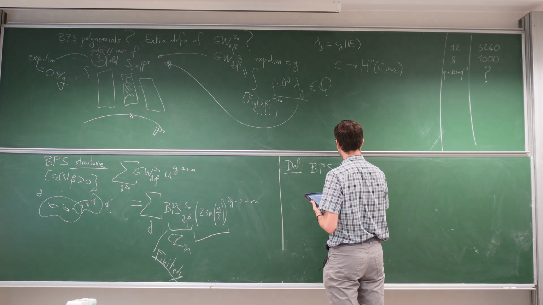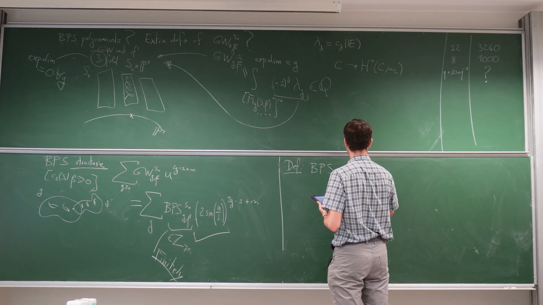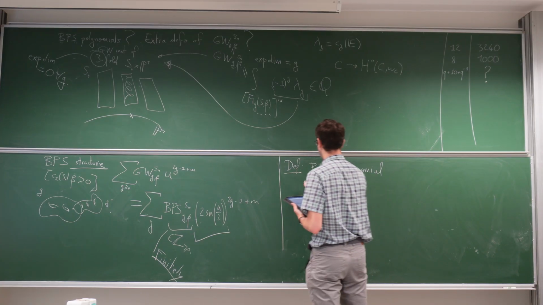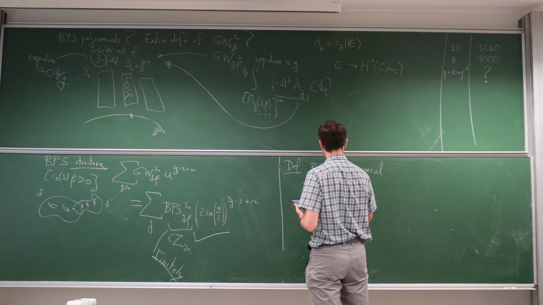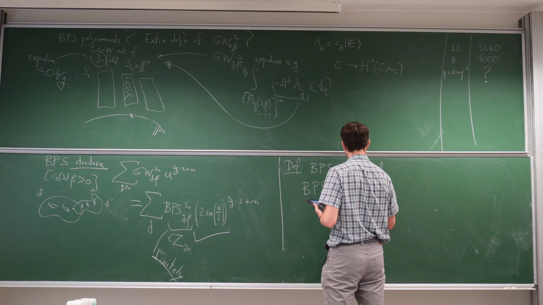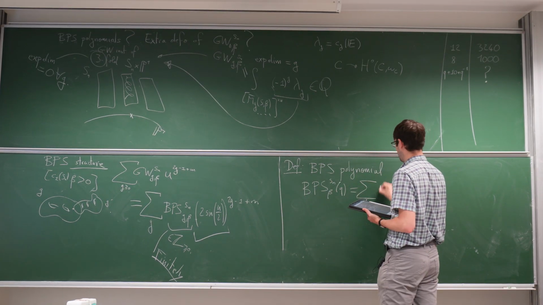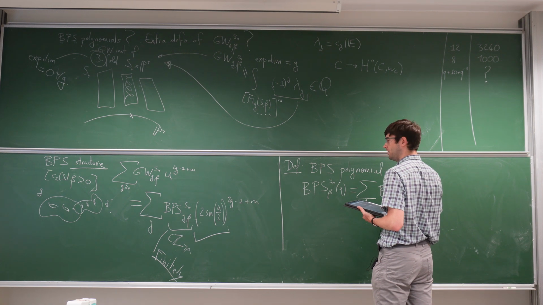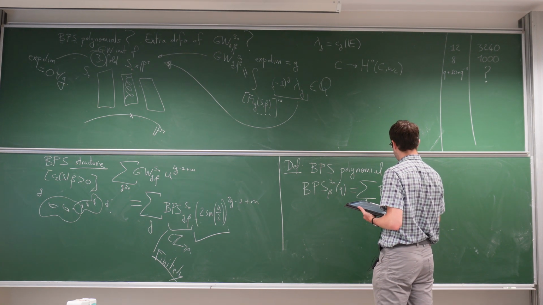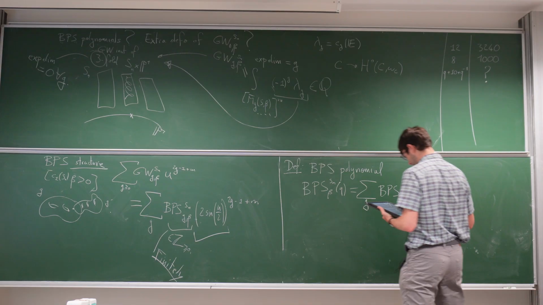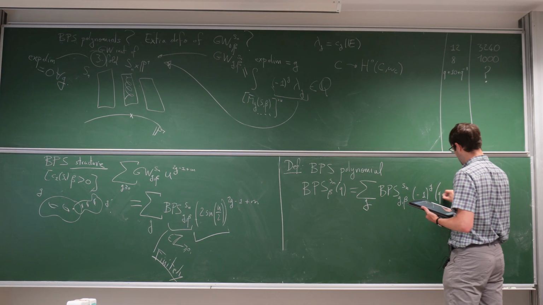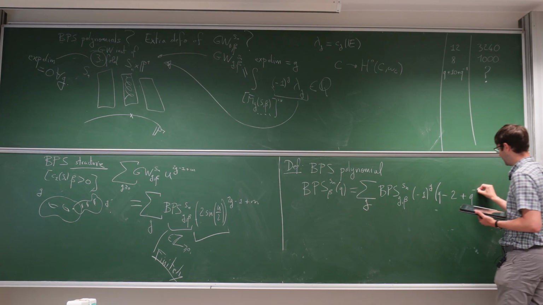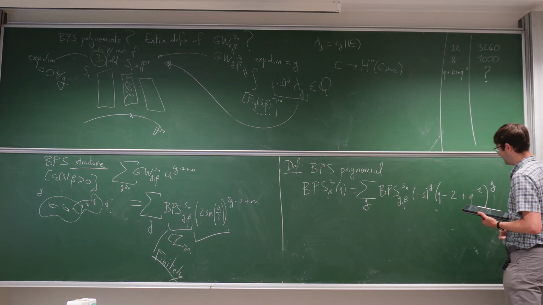So the BPS polynomial. I define BPS beta S_n of Q as being the polynomial. It's not exactly the coefficient, but I will write (-1)^g (Q - 2 + Q^{-1})^g.